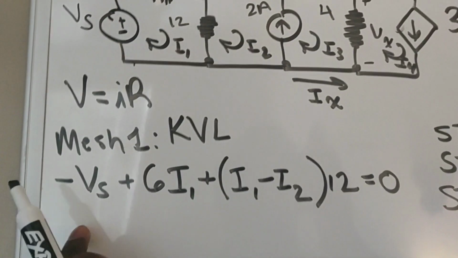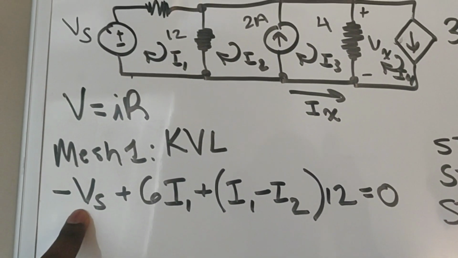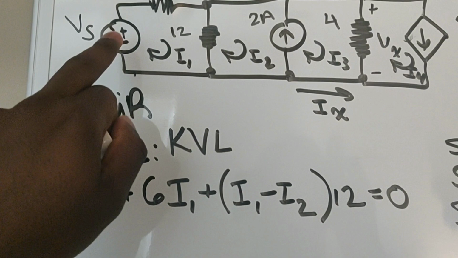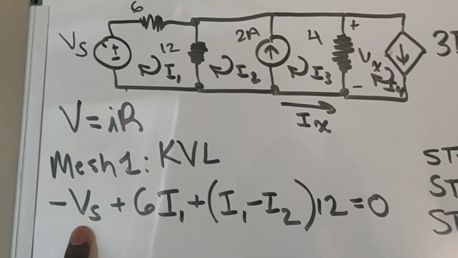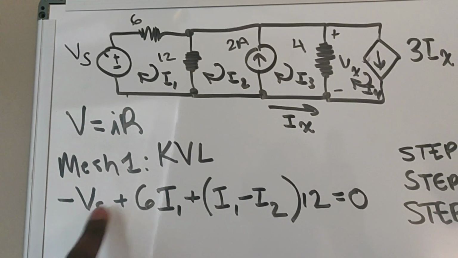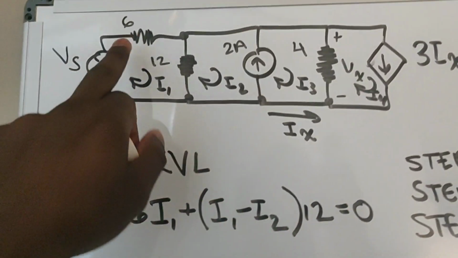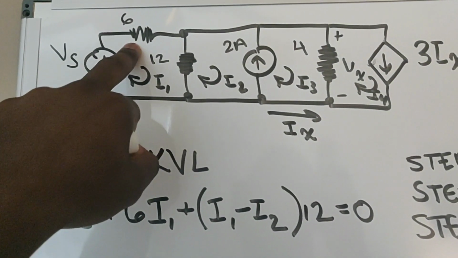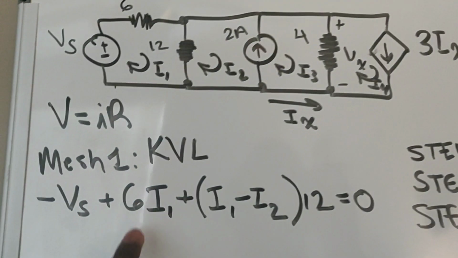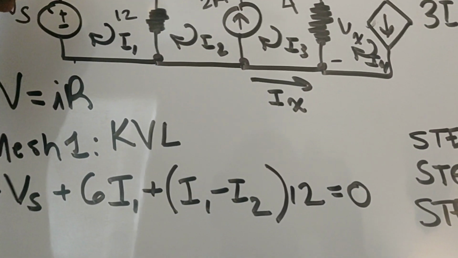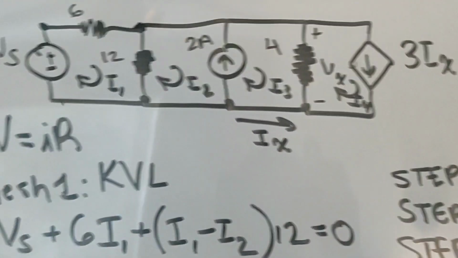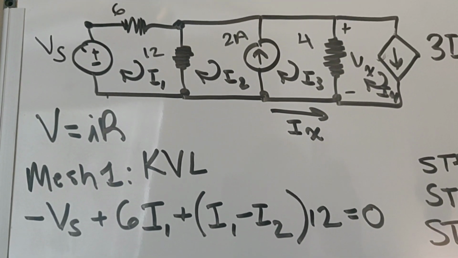So here we get to that Vs, and it's going to be negative because we're at that negative potential. And now we're going to have that mesh I1 times the 6 ohm resistor, and that's going to give us the voltage from here to there, right?